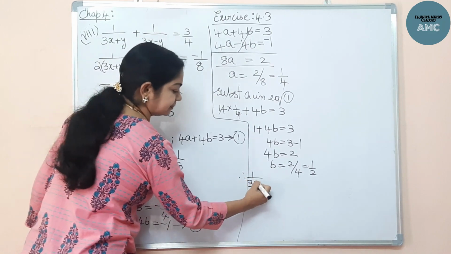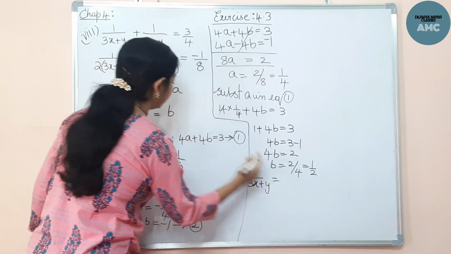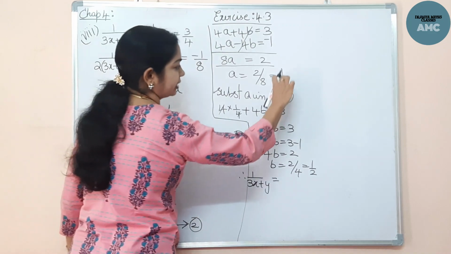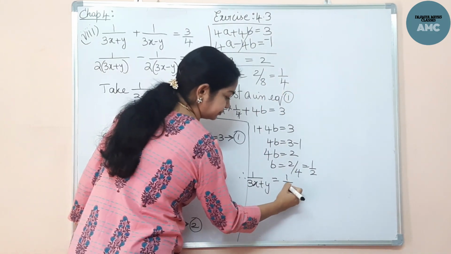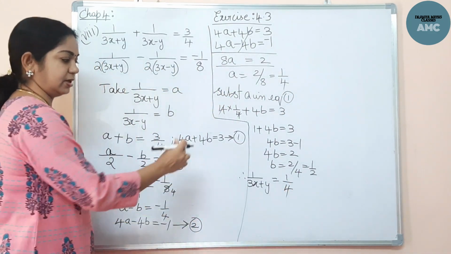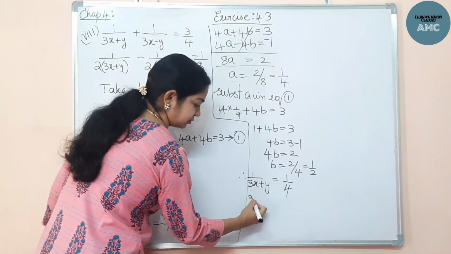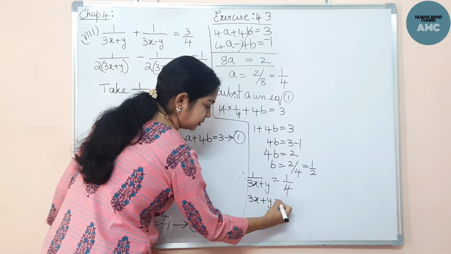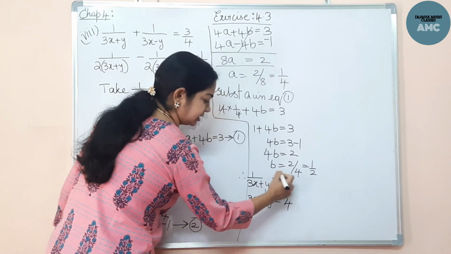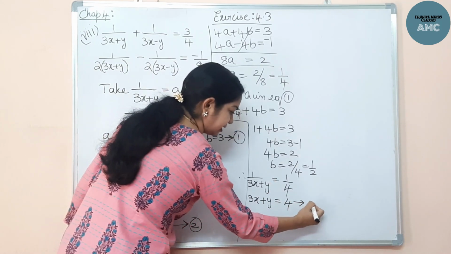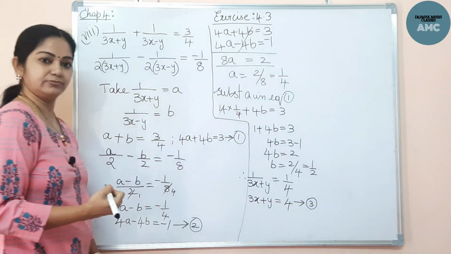1 by 3x plus y equal to our a. So a we got as 1 by 4. Okay. Now cross multiply again. 4 into 1 is 4, and here this 1. So 3x plus y equal to 4. This equation we got. Let us suppose this as 3. Right.